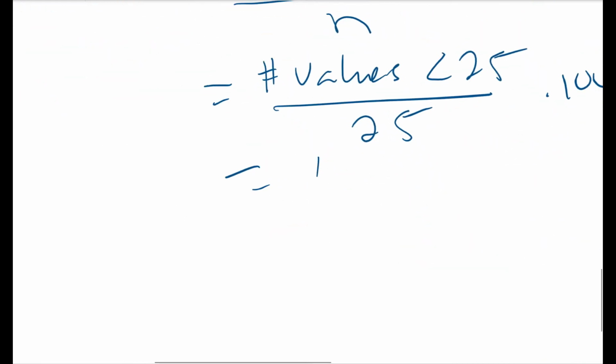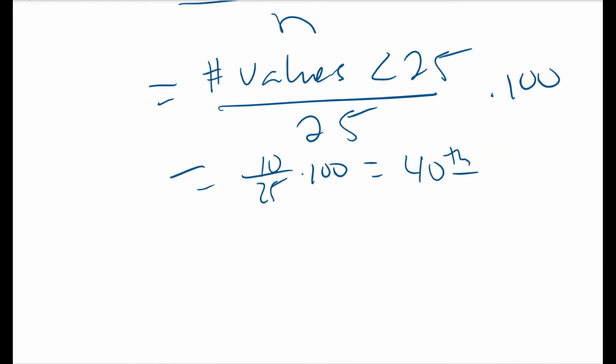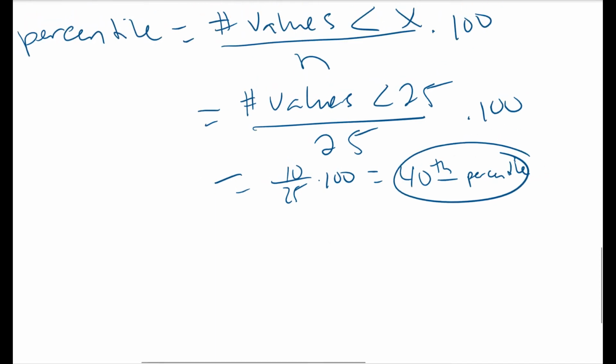So we have 10 out of 25 times 100, which looks like the 40th percentile. Let me double check that number. Yeah, 40th percentile. There you go. That's our guy.